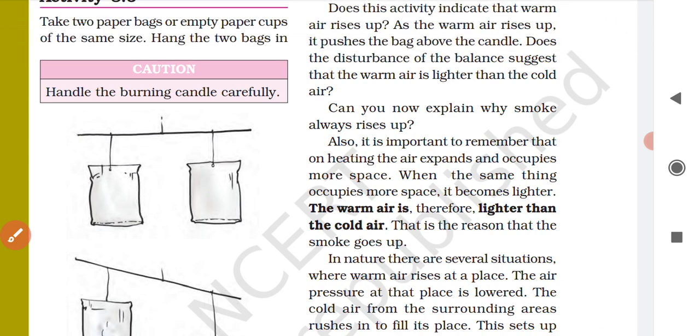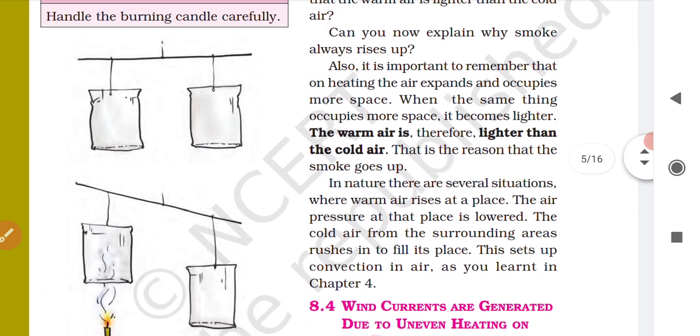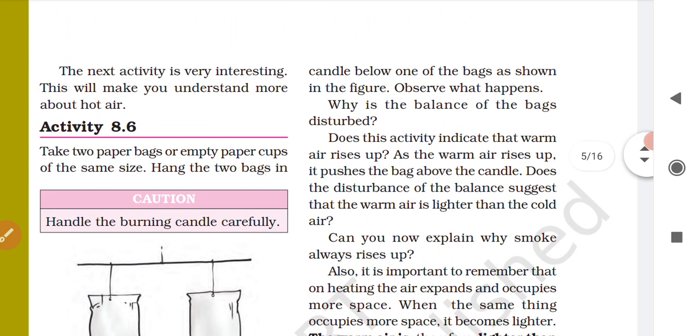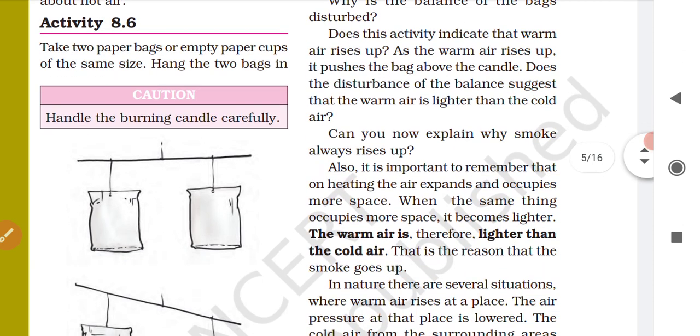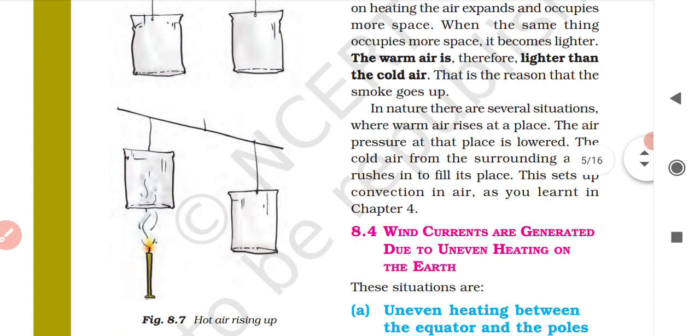Okay. Next, tie a piece of thread in the middle of the stick. Hold the stick by the thread as in a balance. Put a burning candle below one of the bags as shown in the figure. Observe what happens. Why is the balance of the bags disturbed? See, in this figure 8.7, you have to put a burning candle below the mouth of the left side paper bag.